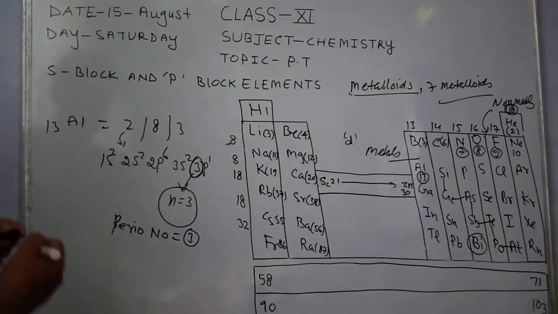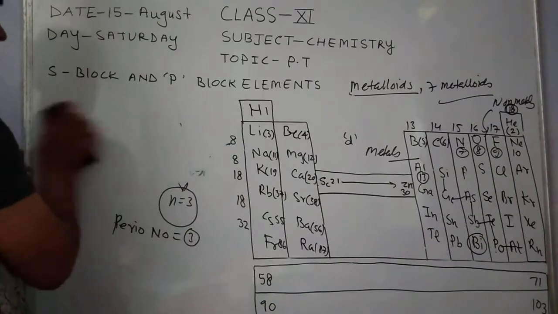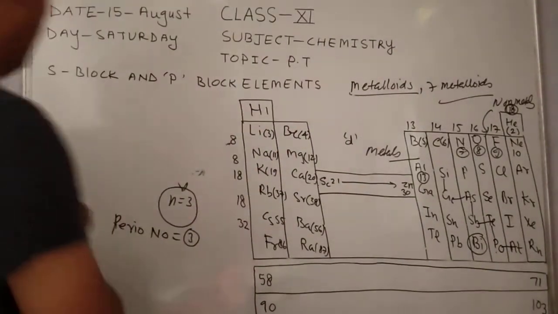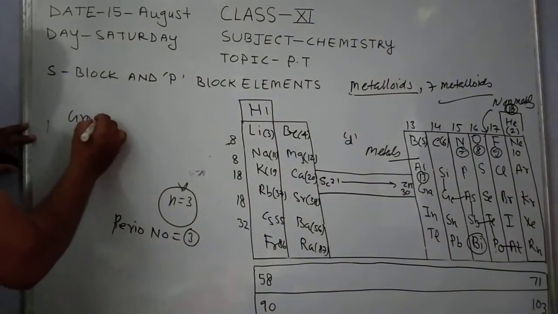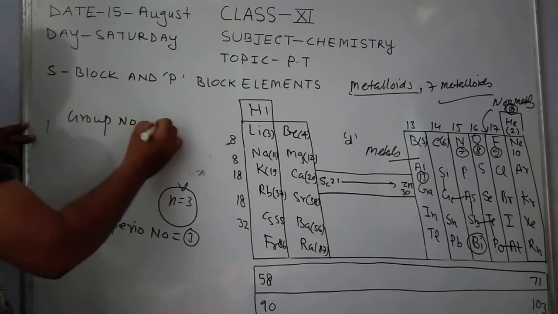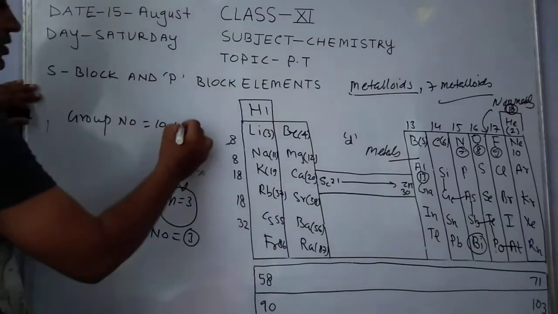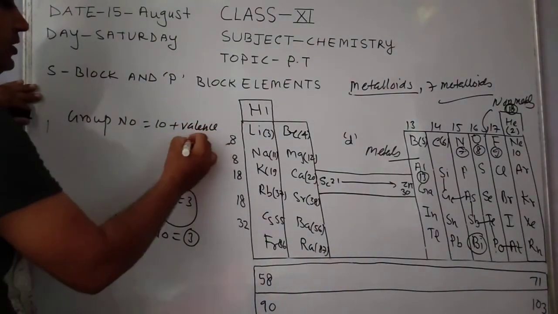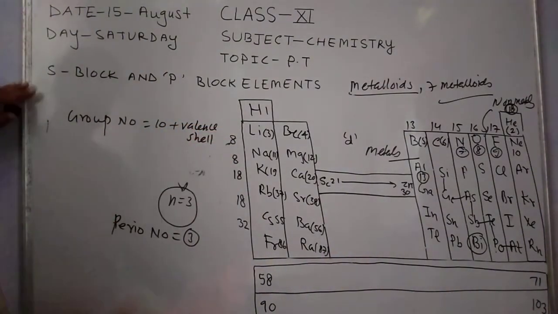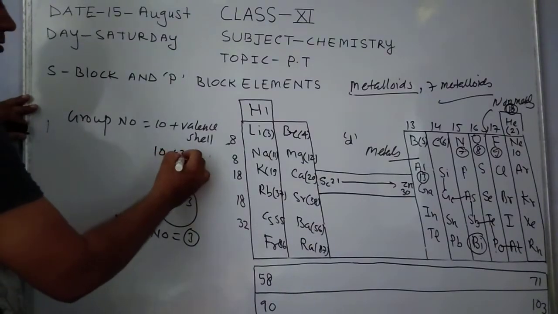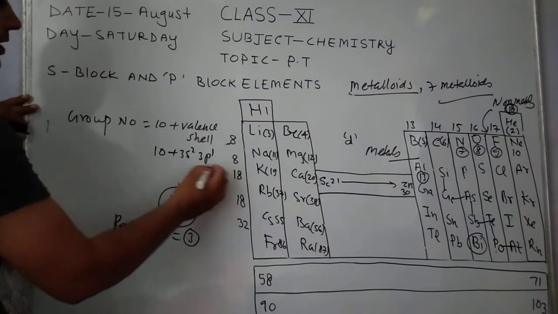But how can we calculate the group number? Group number is equal to 10 plus the number of electrons in the valence shell. That is 10 plus 3s2 3p1.